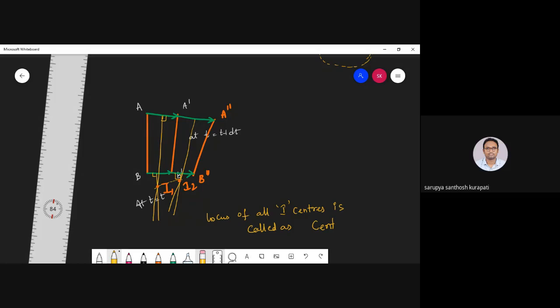This is very, very important from the GATE perspective. Locus of all I centers is called the centrode.